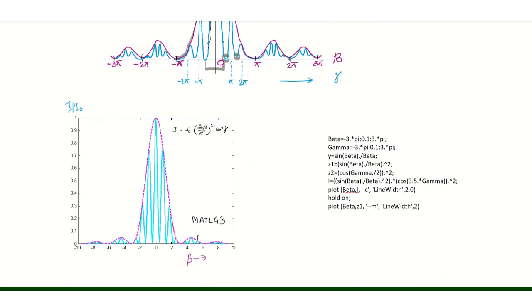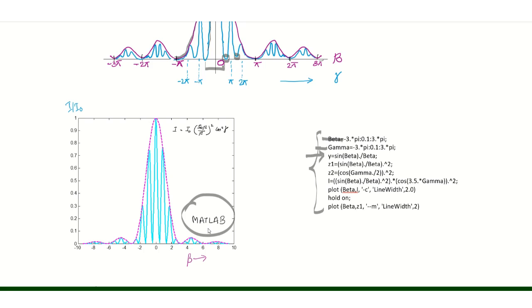It's very straightforward to calculate using MATLAB, and this is how it will look. Just write a small code. That's why it may be worthwhile to try and learn MATLAB for simple things like this one. The advantage is that you define beta and gamma, then you define sine beta by beta, and then you simply plot it.